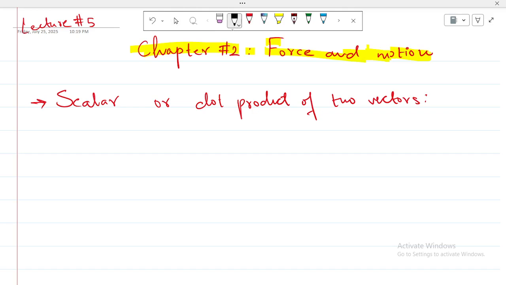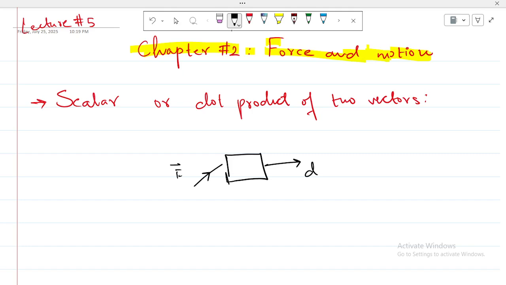Remember when we were talking about vectors, we gave an example where we had a cart and we were trying to apply some force at a tilted angle, and we were trying to move it, let's say, this way. So we were trying to displace the cart in the right direction. There's some displacement, and we're applying some force in this direction.